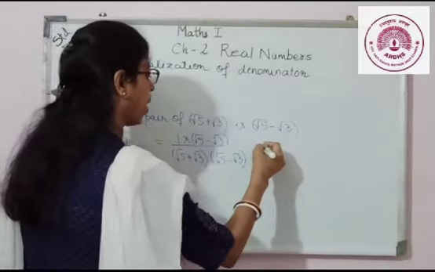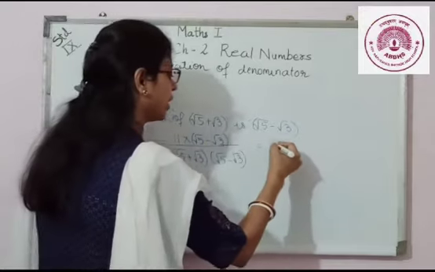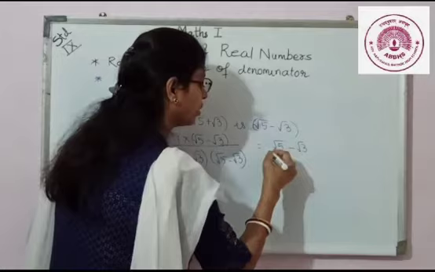Now 1 multiplied by root 5 minus root 3 is root 5 minus root 3 upon.